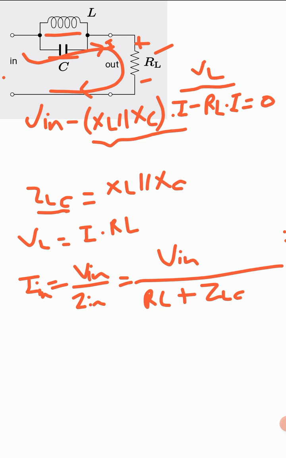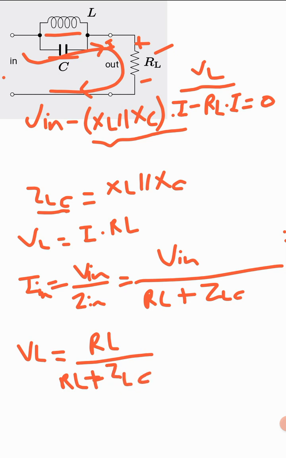So that is how you are able to calculate the voltages, output voltage, input voltage, and currents. Similarly, you can calculate by applying the voltage division rule. The voltage across the load, that is VL, would be, just apply the voltage division rule, which is RL divided by RL plus ZLC, which is the effective impedance of the LC network right here, multiplied by V in.